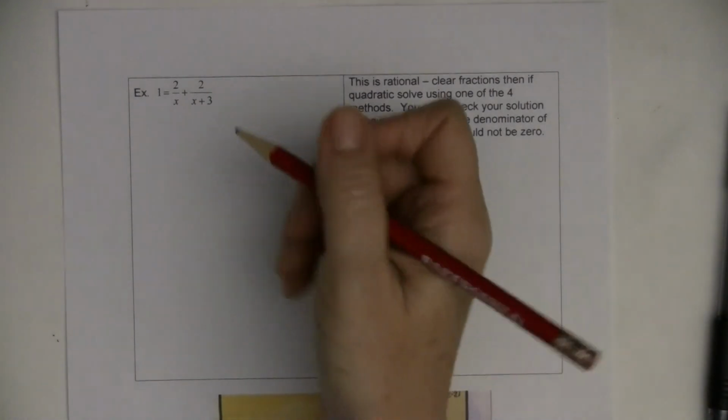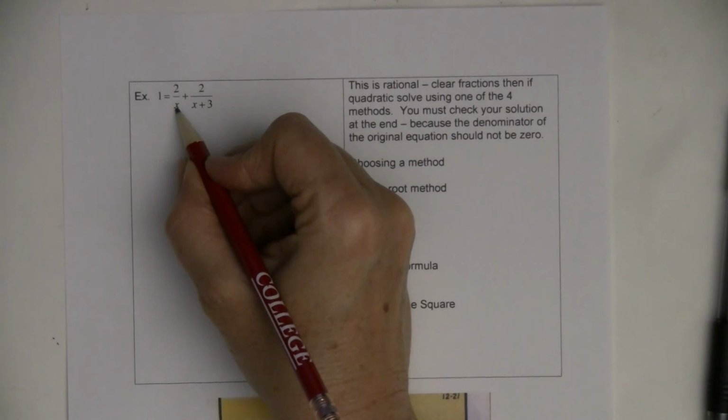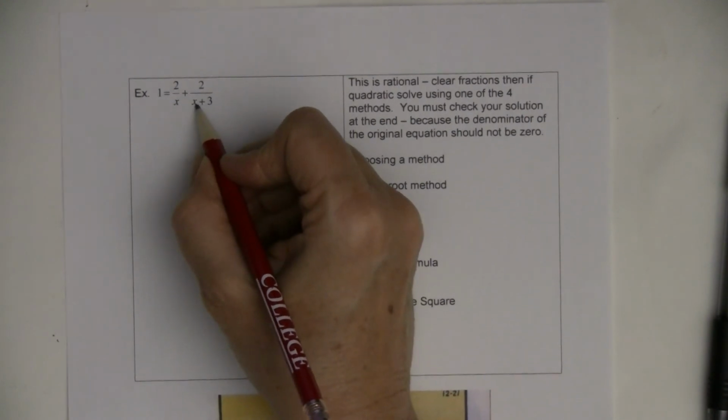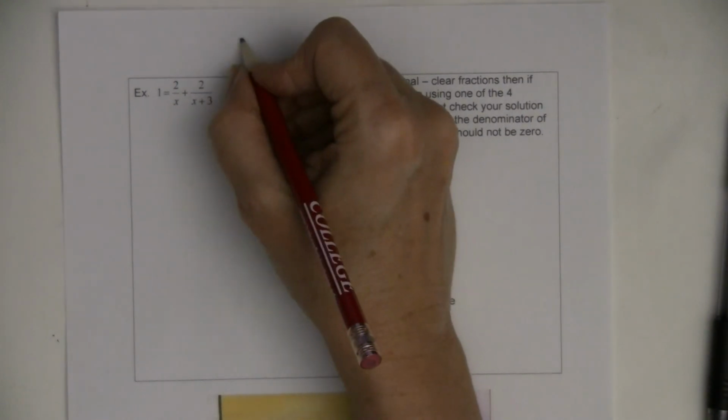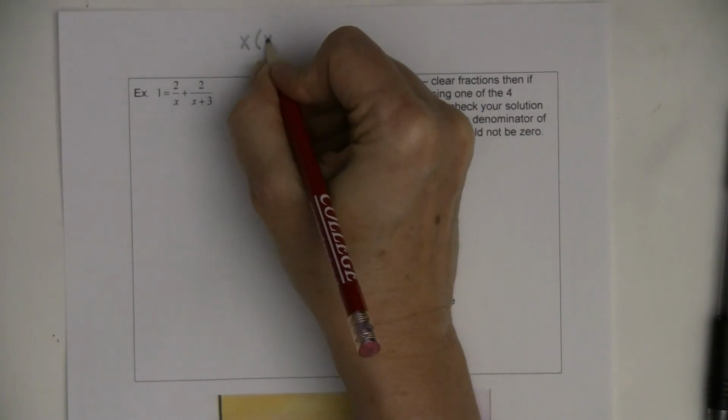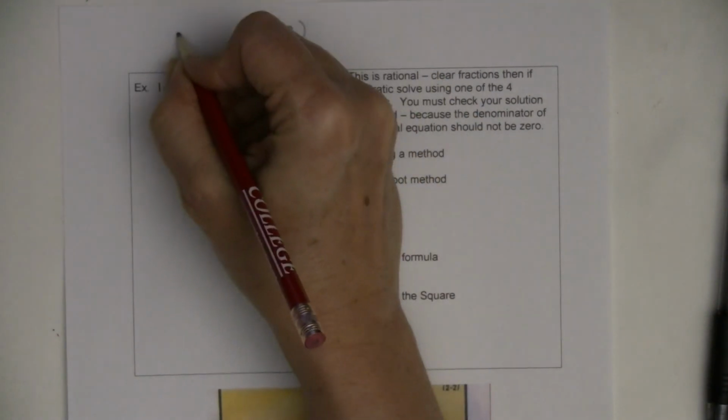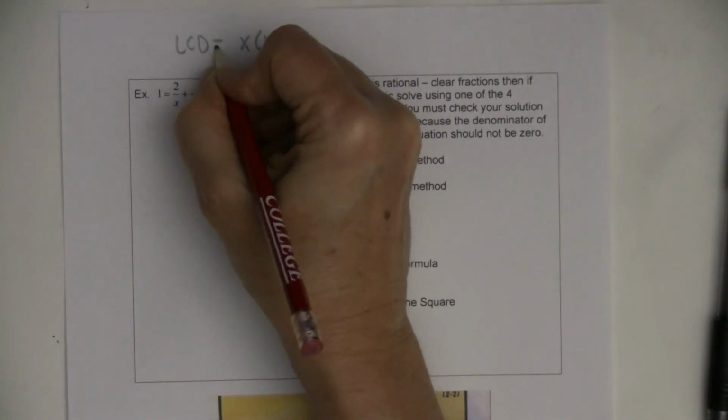And so the common denominator, this doesn't factor, is x times x plus 3. So we're going to be multiplying by x times x plus 3. That's the lowest common denominator, and we're going to do that to every single piece.